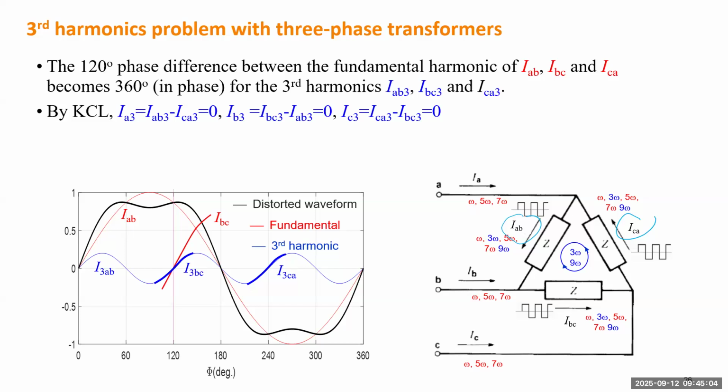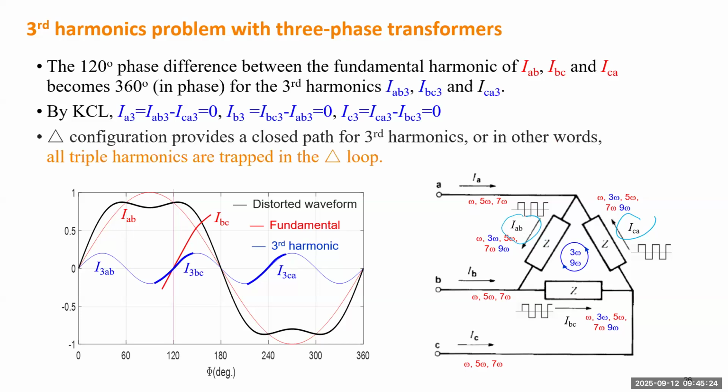Based on Kirchhoff's current law, there's no third order harmonic on this line. So all third order harmonics are fully trapped by the delta connection, and you won't see the third order harmonic on the network. It only happens locally with the load. That explains why we need a delta connection.